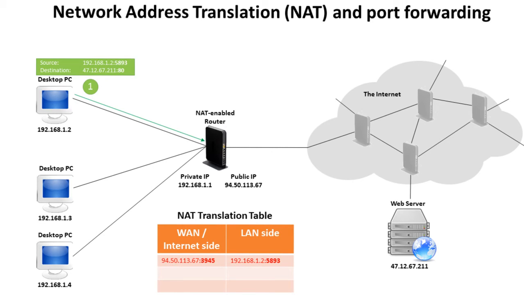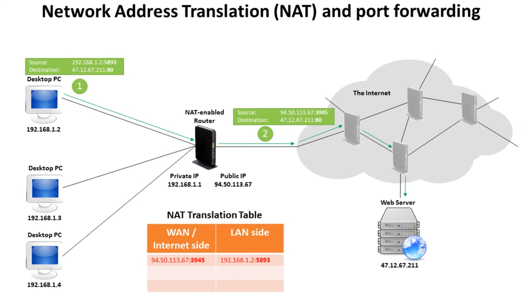This is my IP address, and then it creates a random port number and writes it in here, 3945. Where has this come from? Well, this has just come from 192.168.1.2 on port 5893. So it's recorded where it's come from internally, it records its IP address, and also records a random port number. It then sends it out on its way, because this router can see this web server.